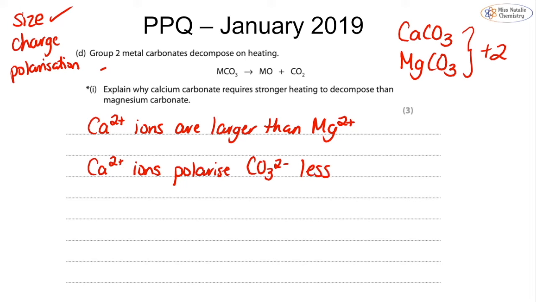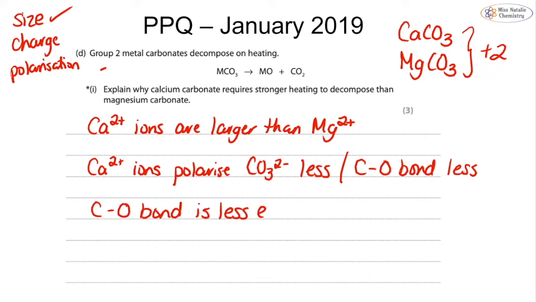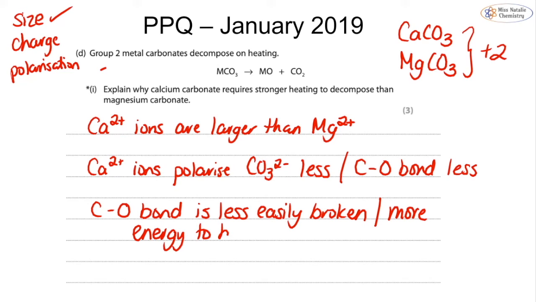Okay? Or you could even say they polarize the CO bond less. And because they are polarizing that less, that means that the CO bond is less easily broken. Okay, or you require more energy to break these bonds.